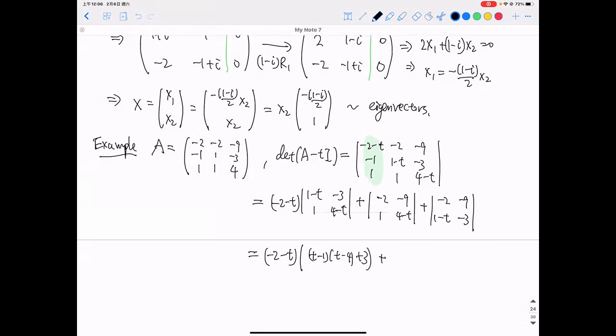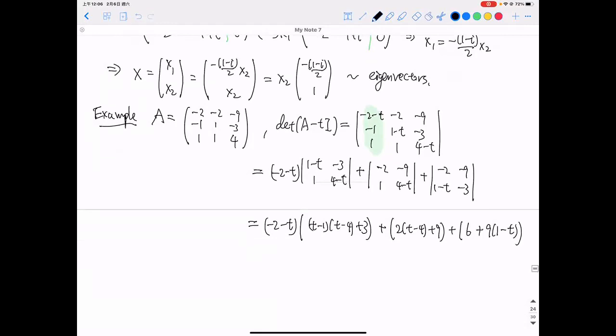Plus, so that's 2, t minus 4, minus 9, minus negative 9, plus 9, plus what is this? 6. 6 minus negative 9, so that's a plus. Okay, yes. Now what do we do? Simplify.